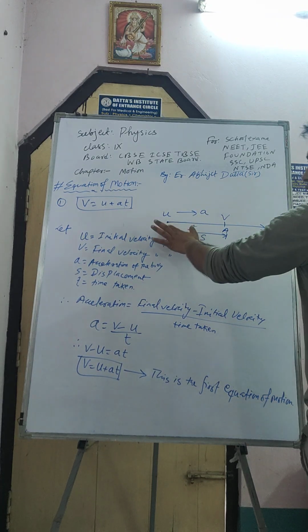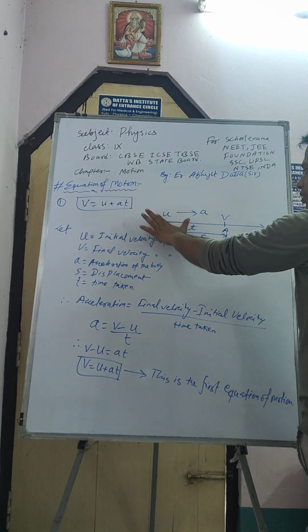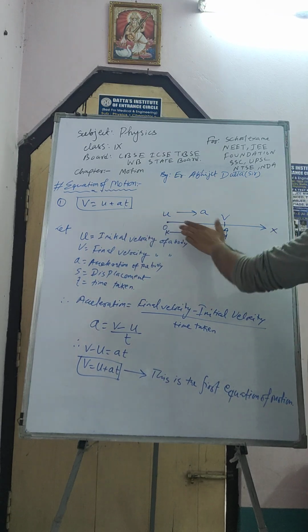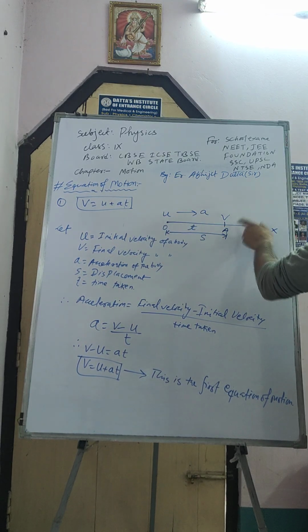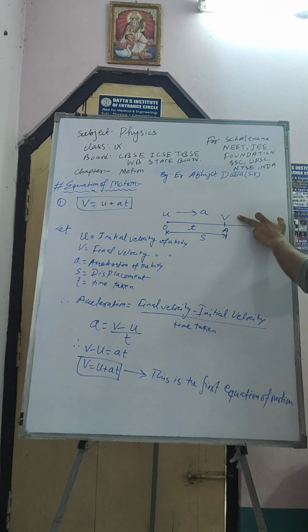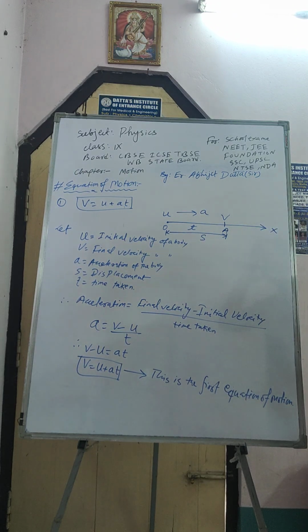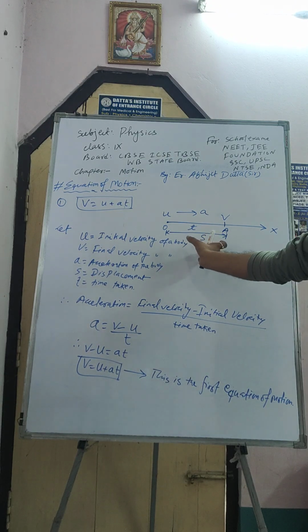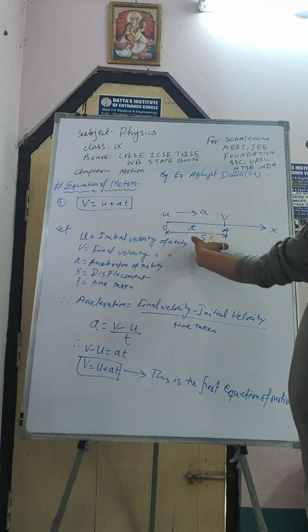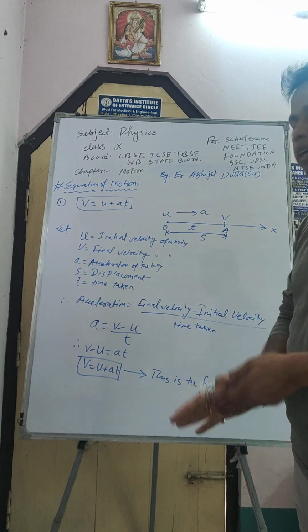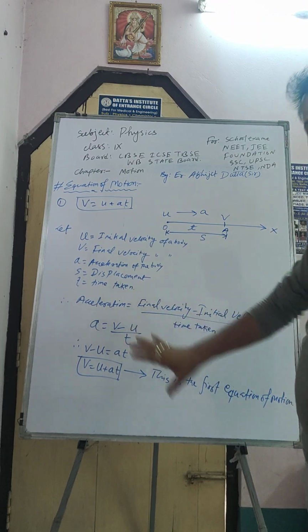A body starts from origin O with velocity u, the initial velocity, and after a certain time t, it reaches point A, and the velocity is v, the final velocity. The acceleration is a, and it travels the distance s, which is the distance between O and A. This is the diagram, and this one is the body part of the derivation.